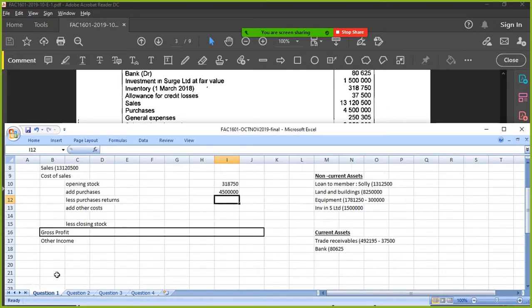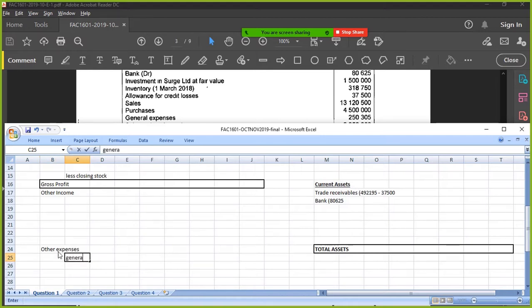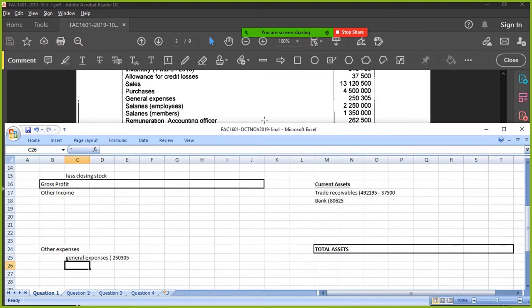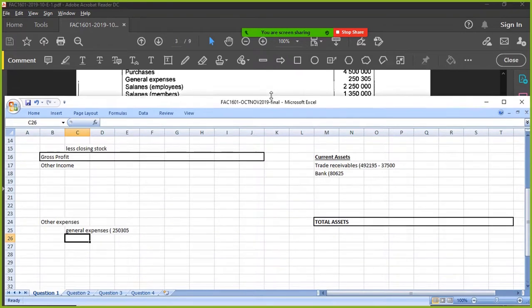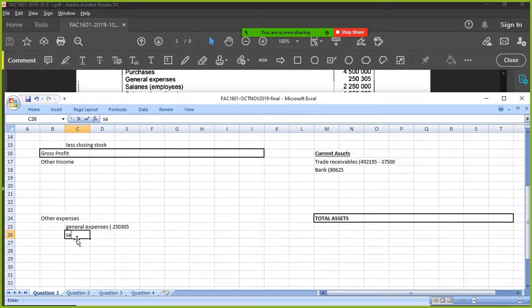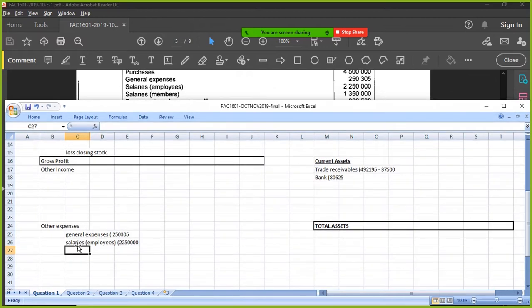Just picking up on stuff from the question. Okay, general expenses. $250,305, $250,305. Just double check the amounts that I am reading them correctly, so there aren't any errors. Okay. Okay, 1.35 million.